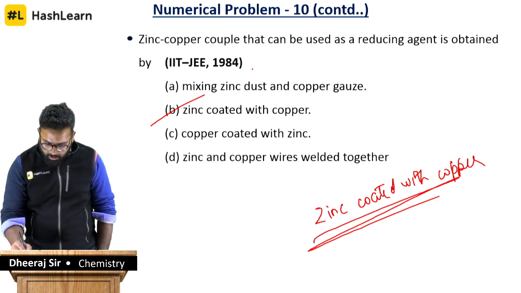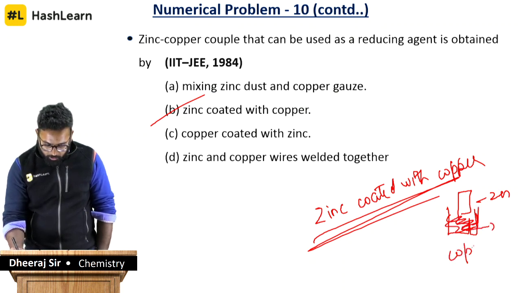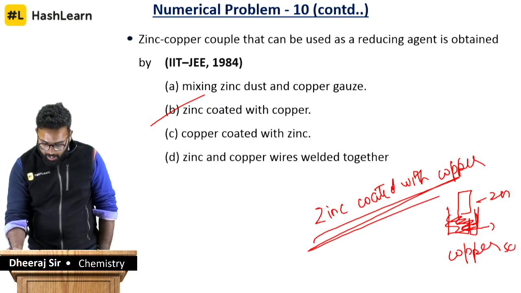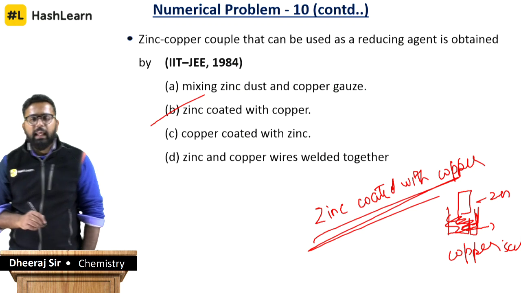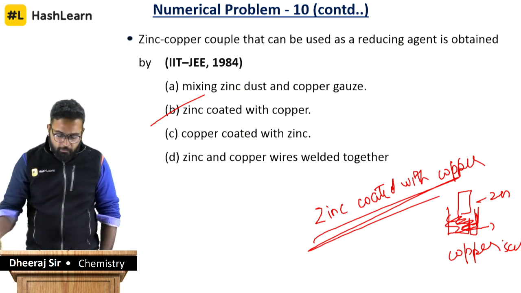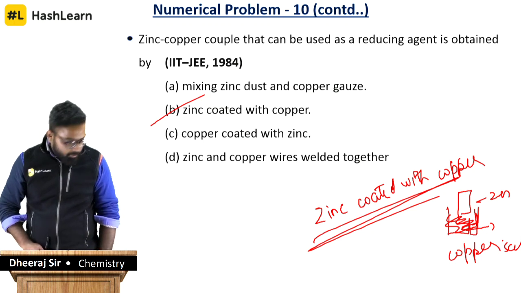You take a zinc metal and dip it into a container containing the solution of copper salt. As a result, it displaces copper and zinc takes the position of copper. Therefore, zinc gets coated by copper. It has to be option B.